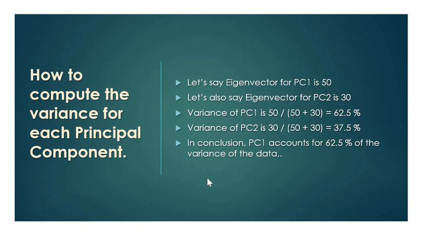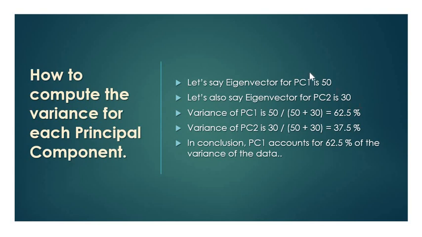By discussion and analysis, you can decide how much proportion of the variance you want to include in the model that you're going to use at last. So again, how can we compute the variance for the first PC? Let's say that the eigenvalue for the first PC is 50, and the eigenvalue for the second PC is 30.